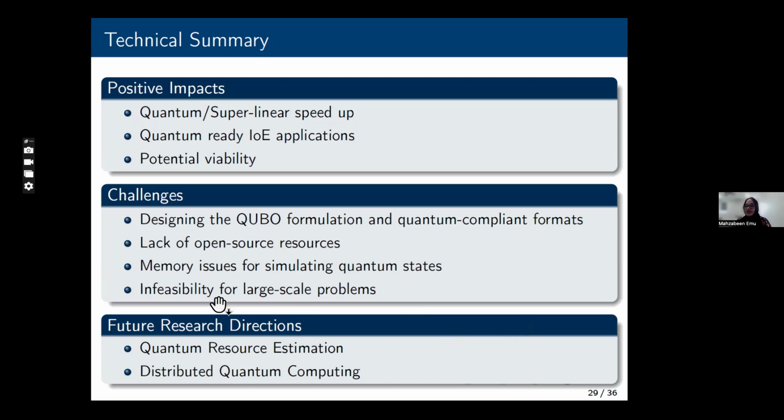And there is infeasibility for solving large scale optimization problems with quantum computing, where we are trying to adopt hybrid approaches. And finally, some of my future research directions are distributed quantum computing and quantum resource estimation to solve these problems more efficiently.